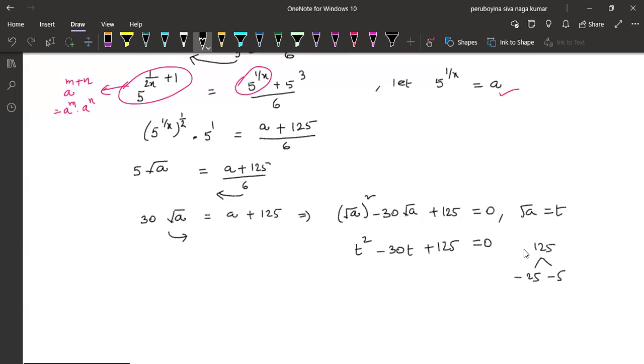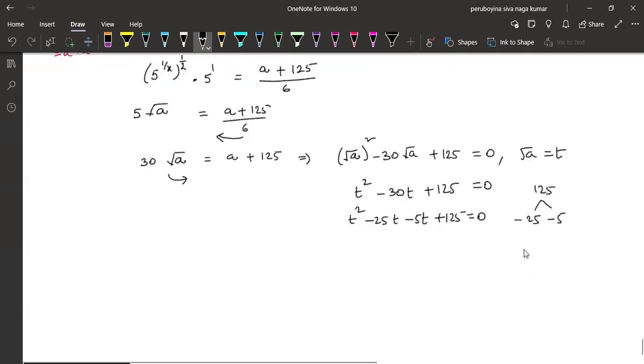Fine, it looks good. So t square minus 25t minus 5t plus 125 is equal to 0. Take t common from the first two terms, so it is t minus 25.